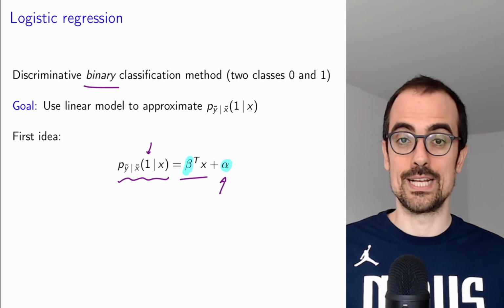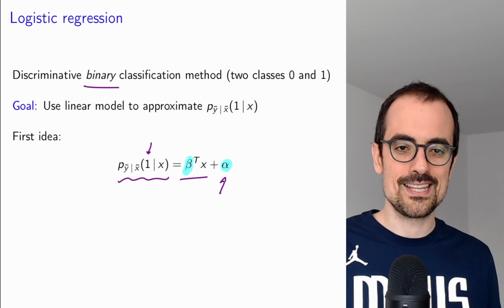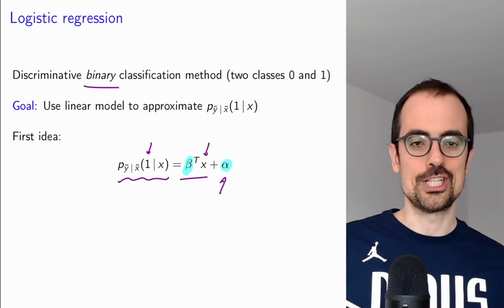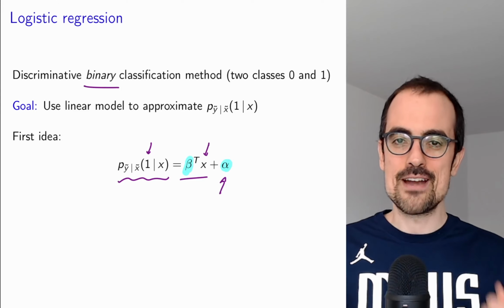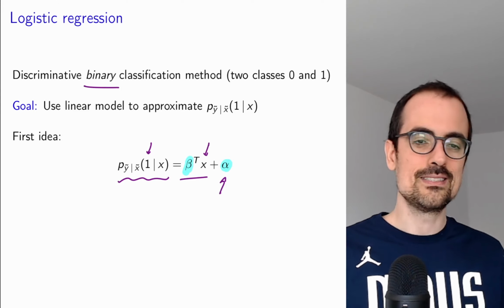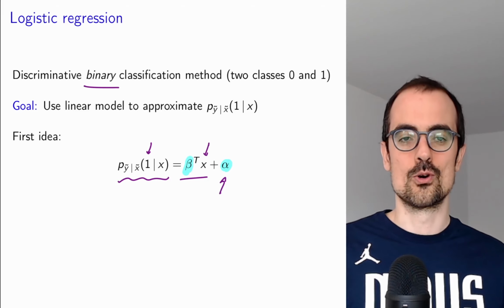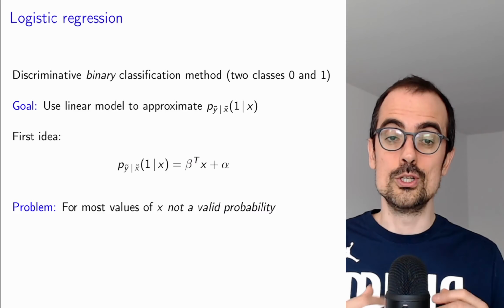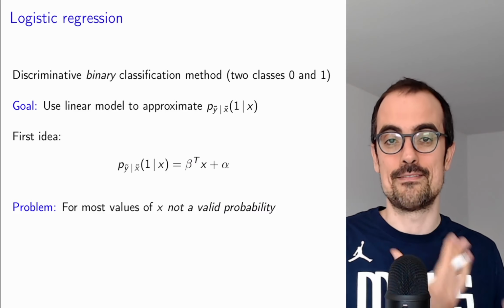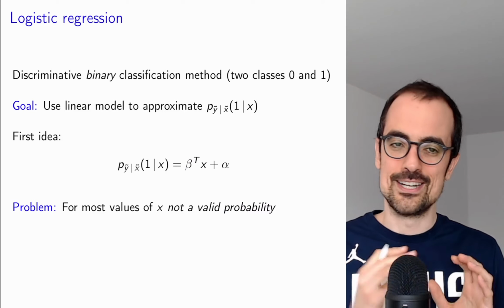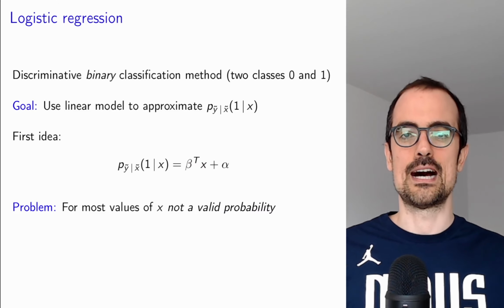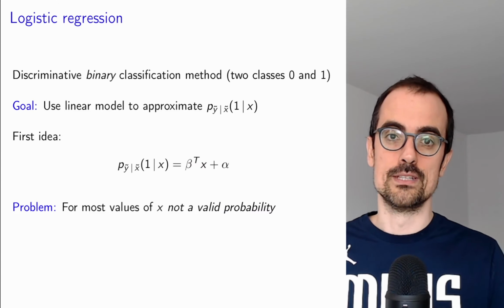Well, it turns out that we cannot, because when the value of x changes, it is going to be very easy for this quantity to be larger than 1 or smaller than 0. So for most values of x, we're going to end up with something that is not a valid probability. So we cannot use this approach to directly estimate a probability from the features.